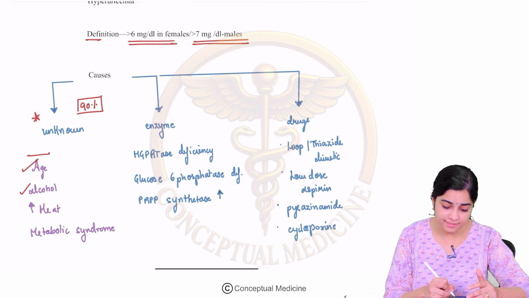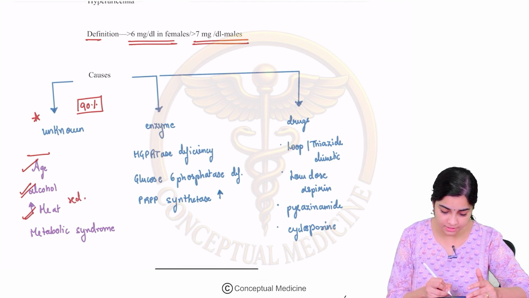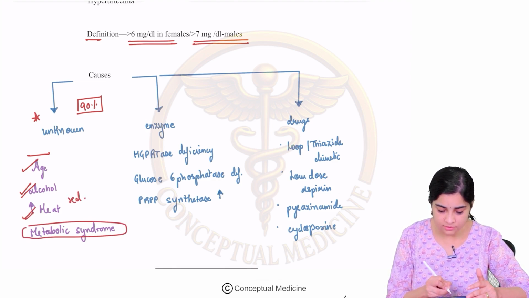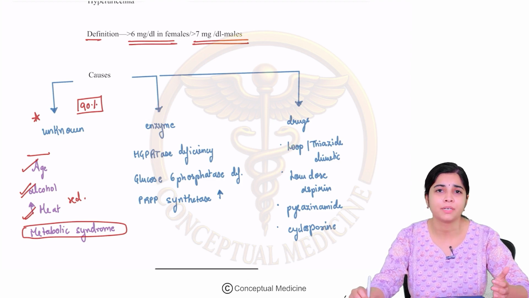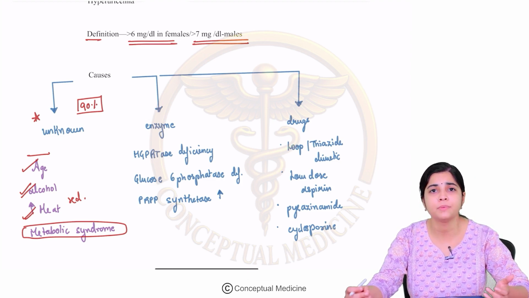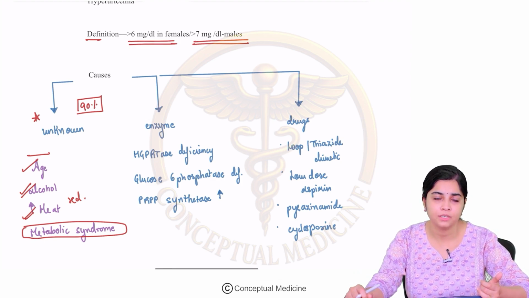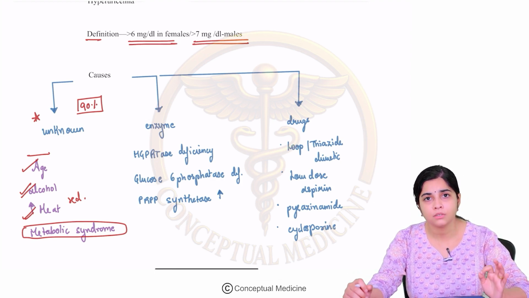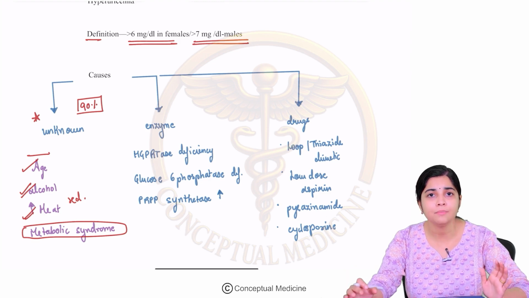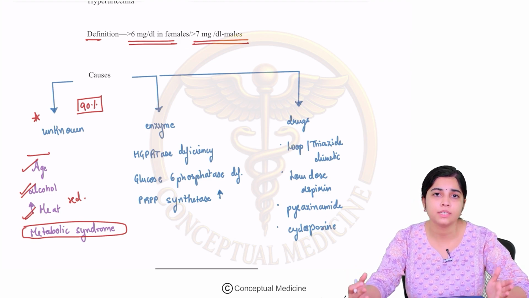It can be precipitated by increased alcohol consumption, increased meat consumption, especially red meat consumption. And the most common associated underlying syndrome is metabolic syndrome, which is characterized by obesity, diabetes, hypertension, hyperuricemia. So the most common cause is unknown. In 90% of the cases we do not know the reason for hyperuricemia. It's just present as a part of metabolic syndrome.